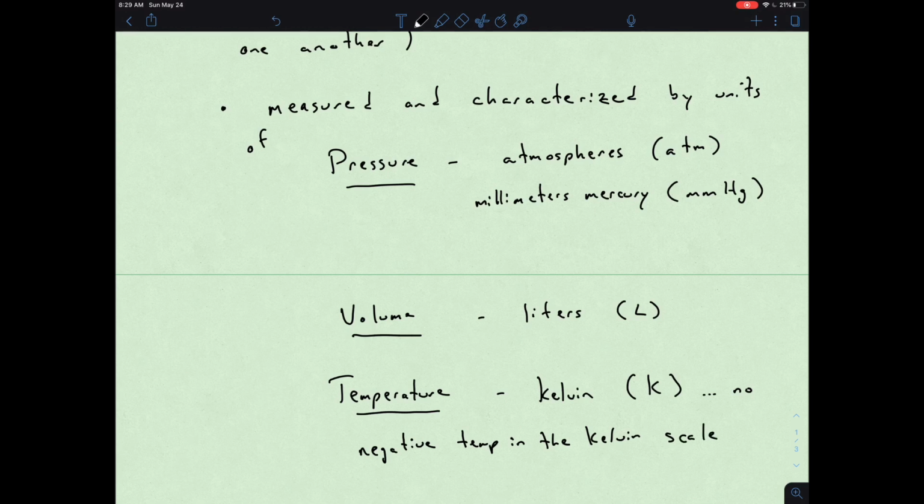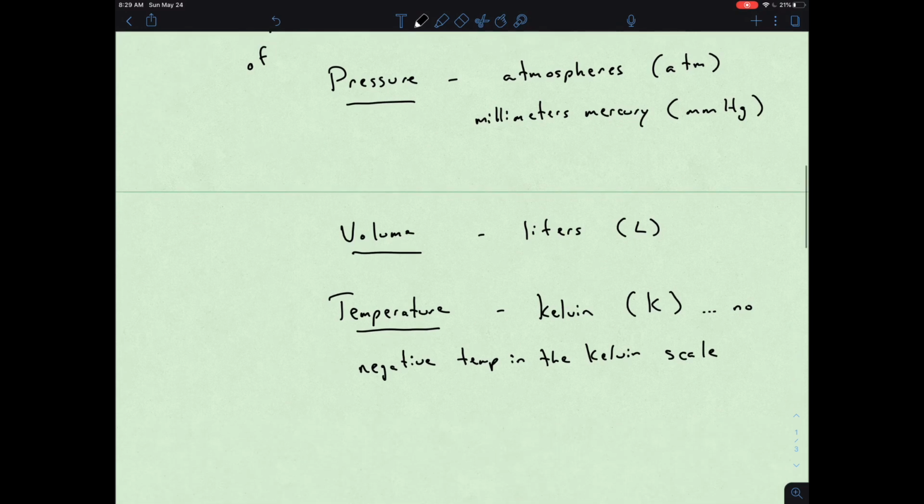So we want to have that temperature in Kelvin. And then lastly, moles. And we tend to give this little n moniker for our moles. So those are the units that we'll be working with trying to characterize these gases in this module.